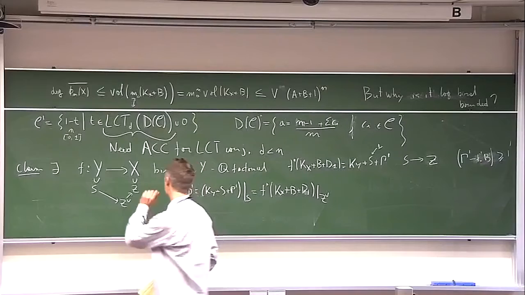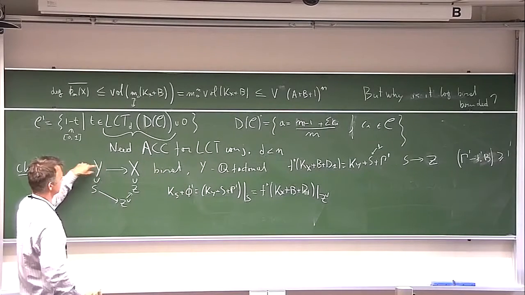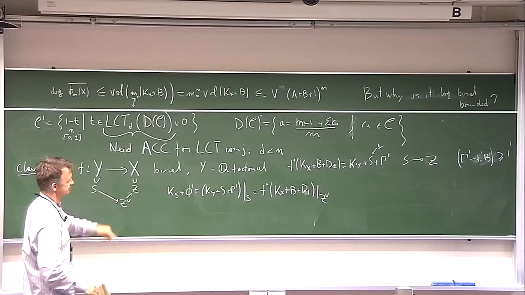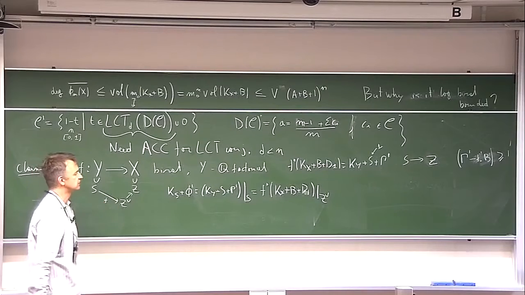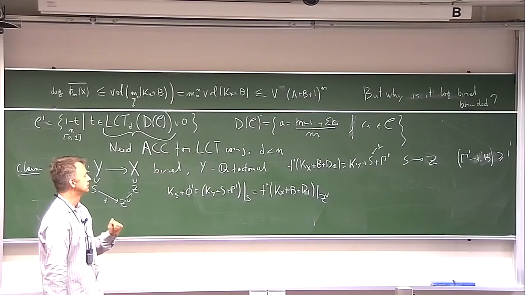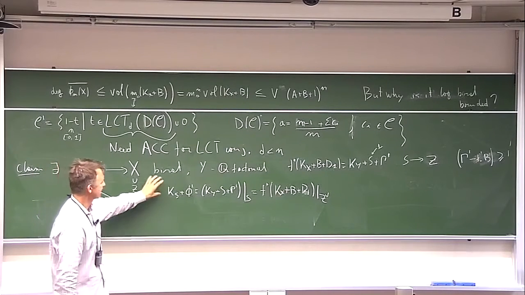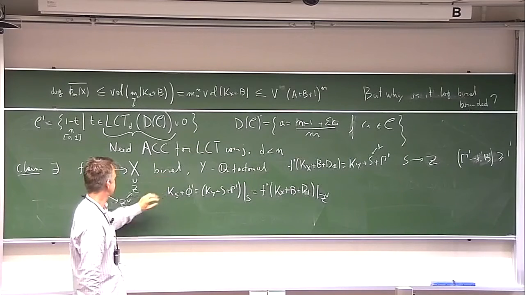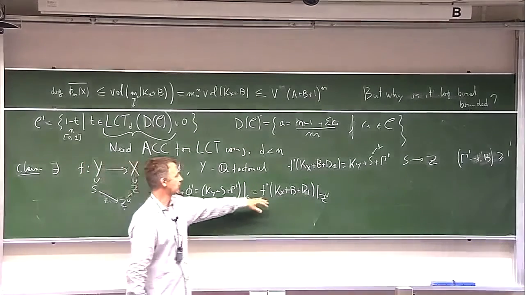So I'm calling everything F, this map and this map, just by abuse of notation. So if I can understand how this arises as a pullback from Z nu, I can write this restriction.